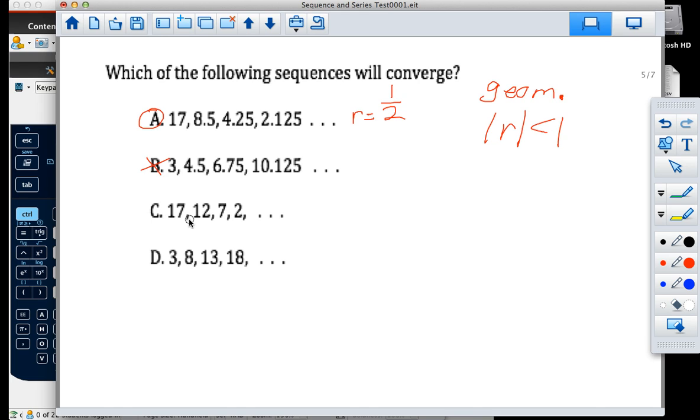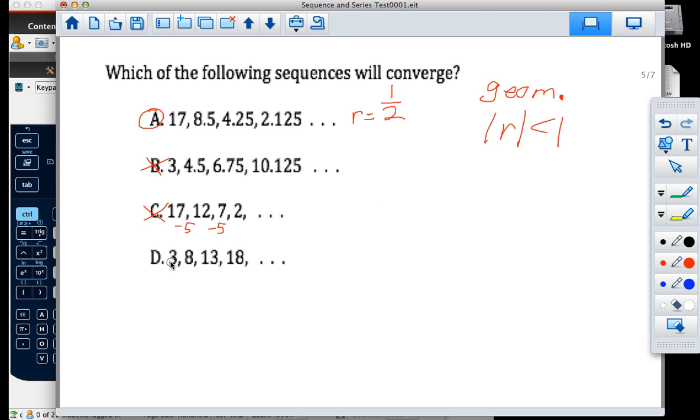Now let's look at this one. Do we have a geometric sequence or arithmetic sequence? If you look, what we have is an arithmetic sequence because we're subtracting by 5 each time. So that's arithmetic. Well, arithmetic sequences don't converge. It will keep on subtracting into the negatives.